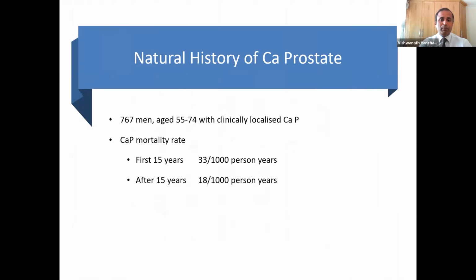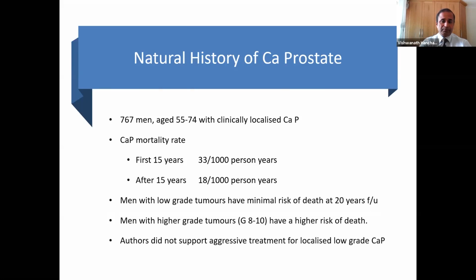A 20-year follow-up of patients, where around 767 patients were included. The prostate cancer mortality in the first 15 years was 33 per 1,000 person-years, and for men beyond 15 years of follow-up, there's 18 per 1,000 person-years. Men with low-grade tumors have a minimal risk of death in 20 years.